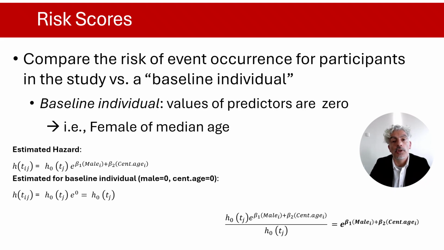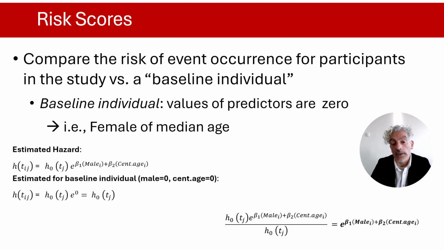But if we want to compare the hazard of an individual with non-zero values in the predictors against a baseline individual, we need to divide the risk scores, and I represented this division in the lower right part of the slide. But since the baseline hazard function is both in the numerator and the denominator of this division, they cancel each other out.